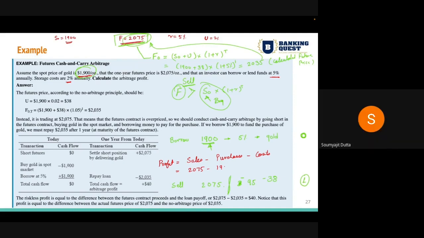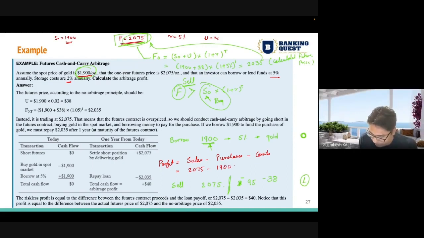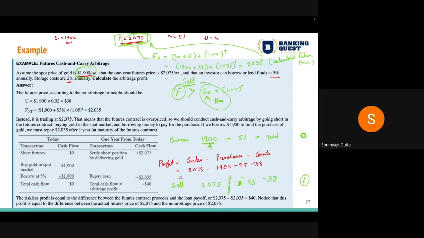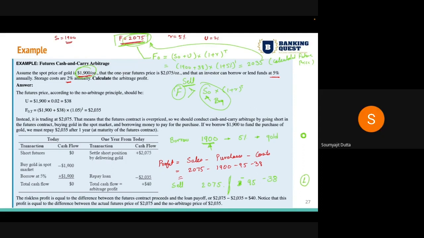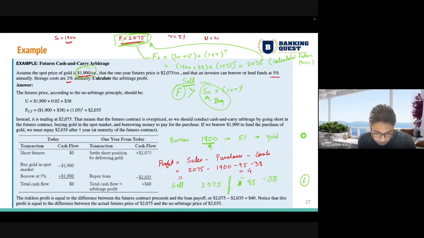That is 1900 plus 95 plus 38. So basically 1900 plus 95 plus 38, I can write it like this. So how much is it coming? 2075 minus 2033 is 42. That is my profit.